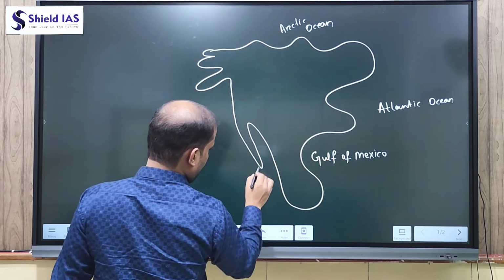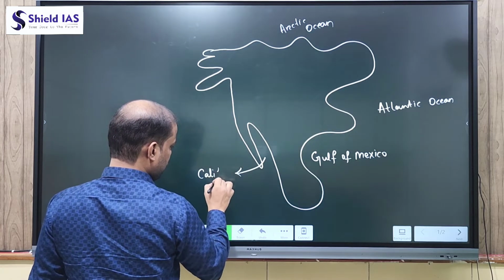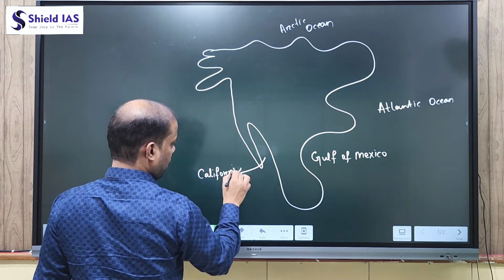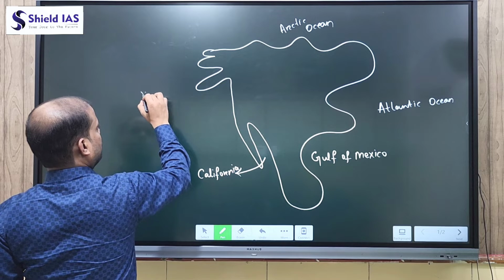Then here we have the Gulf of California, and in the western part of North America we have the Pacific Ocean.